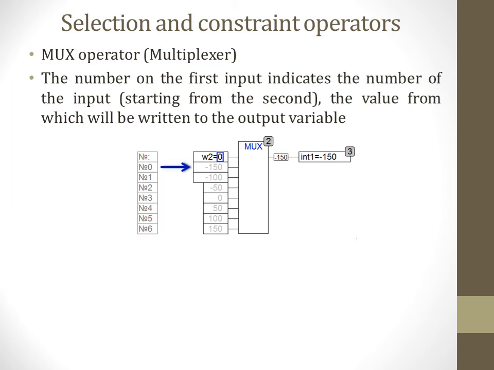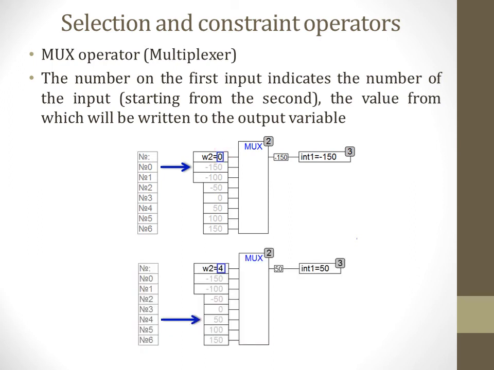So this input indicates only the input number, and the output of this operator shows us the value of the input which is indicated in the first input. As we see from this picture, this is the realization of this operator.